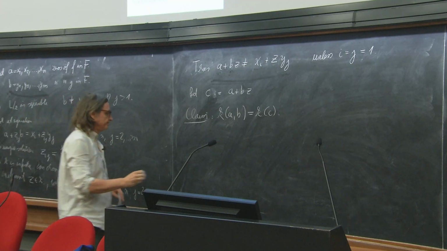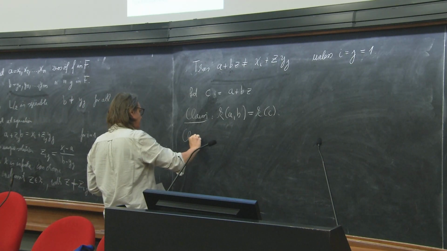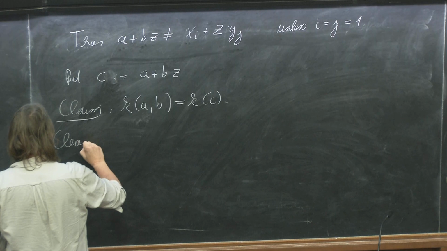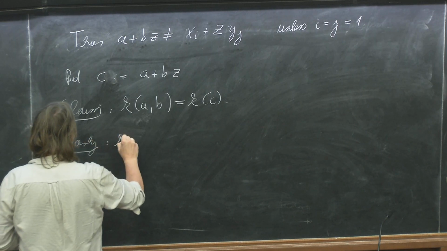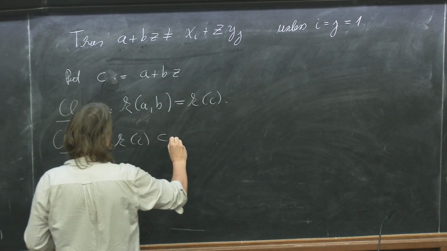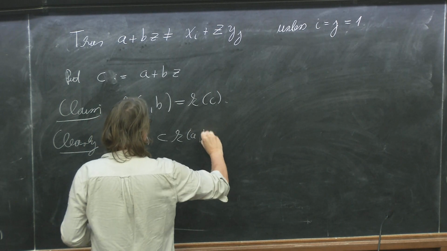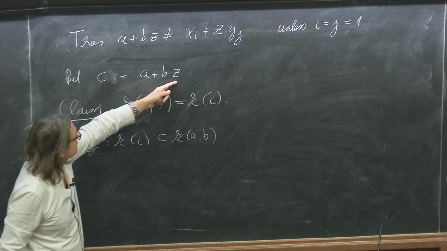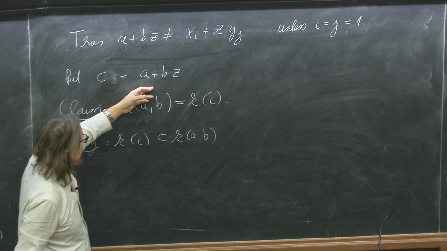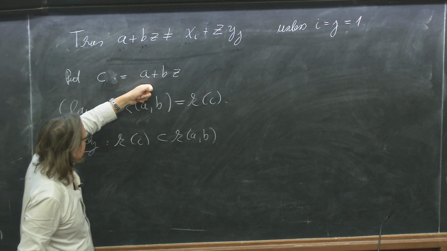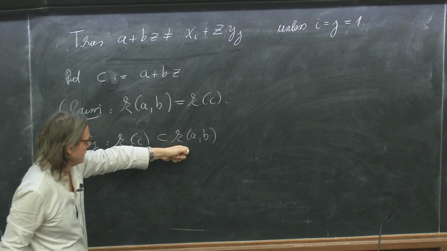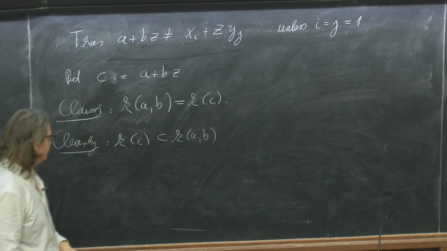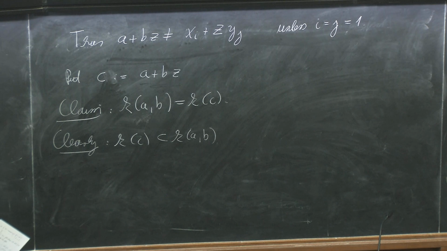So clearly, that's anyway clear, we have that K(c) is contained in K(a,b). Because after all, z is an element in K, so this is just a linear combination of a and b with coefficients in K. It certainly lies in K(a,b). So this is the trivial direction, and we have to show the other direction.